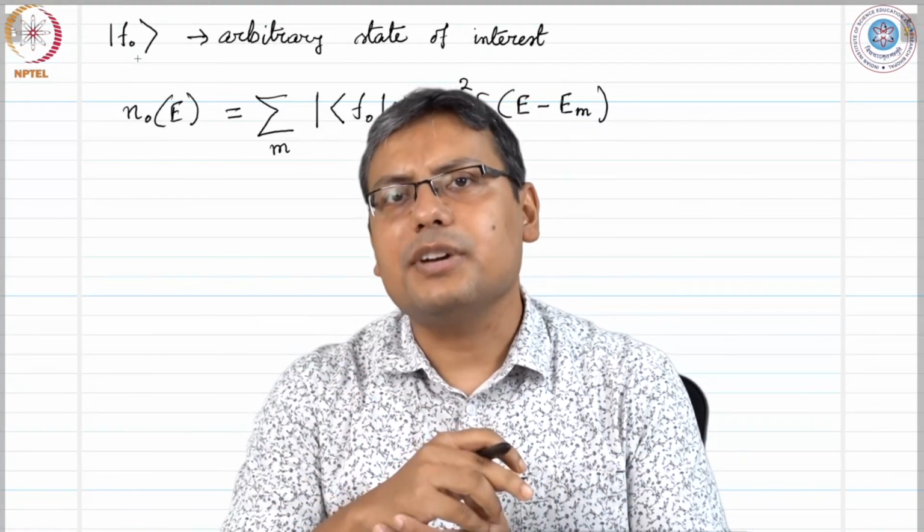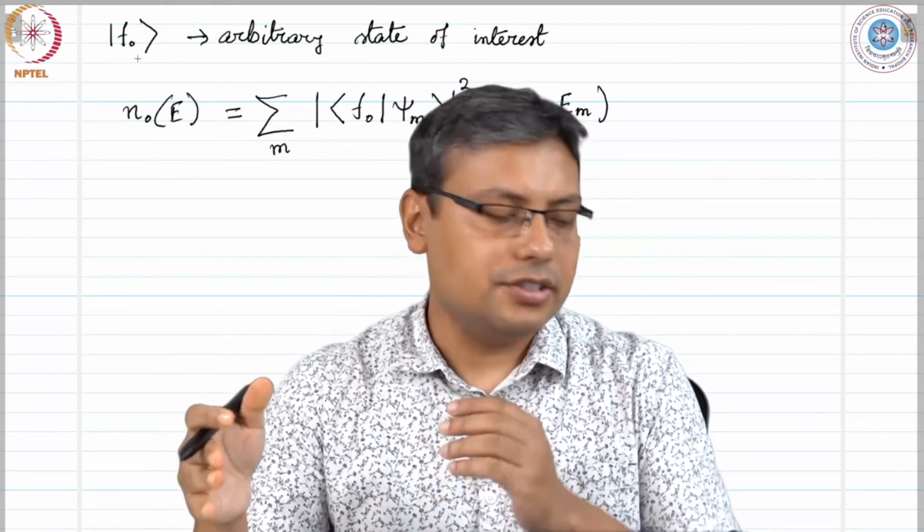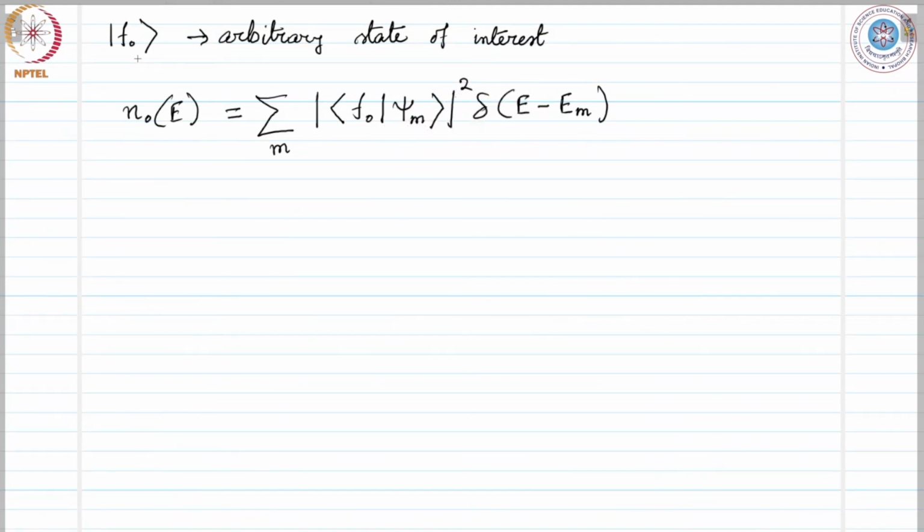And a spectrum can be plotted varying the energy. That's the idea. And if we integrate N0 as a function of energy over dE, we will get it equal to 1 just because F0 is normalized.